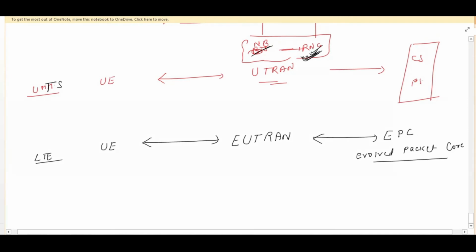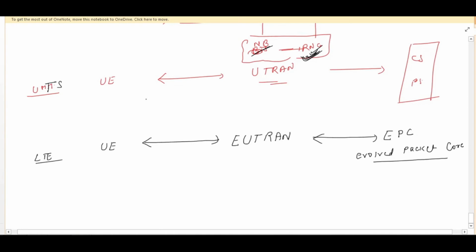Then the next question will come to your mind: if there is no RNC in LTE, but the RNC is very important, the entire radio resource management means radio resource allocation, deallocation, your traffic management, your traffic segmentation. Data is coming from the higher layer to the lower layer. How will that be segmented, reconcatenated? Everything is controlled by the RNC.